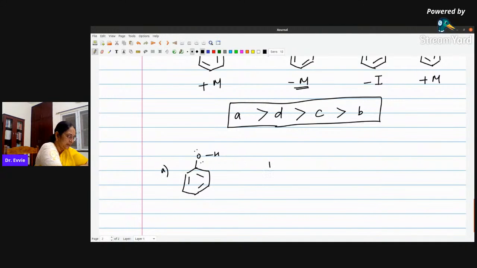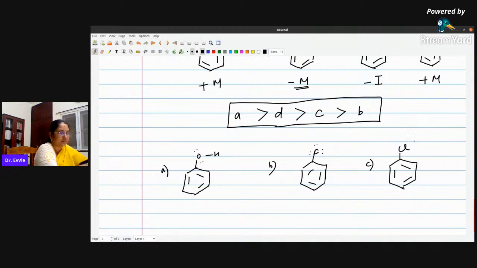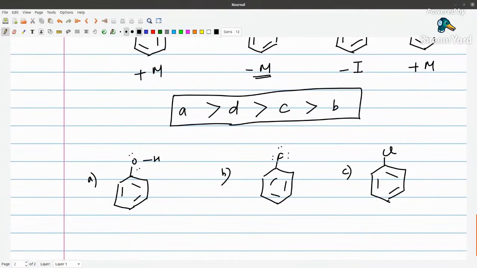Let me take it as A, B. Now you tell me. I think you all know about the electronegative property. Now tell me what is the order, which is more? Here also this.